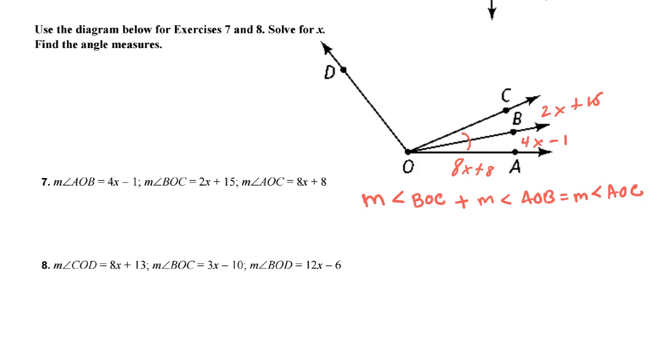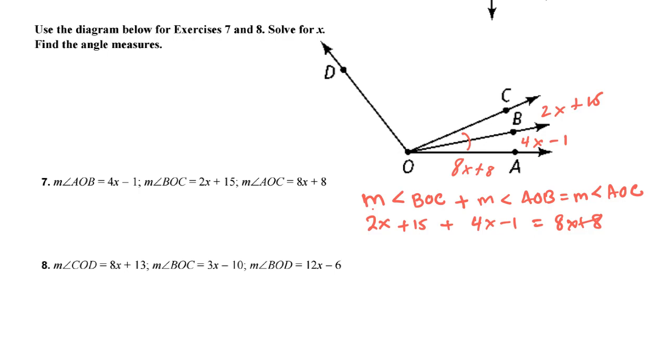You're going to substitute the angle measurements. Angle BOC is 2x plus 15, angle AOB is 4x minus 1, and the larger angle, the sum of the two smaller ones, is 8x plus 8.